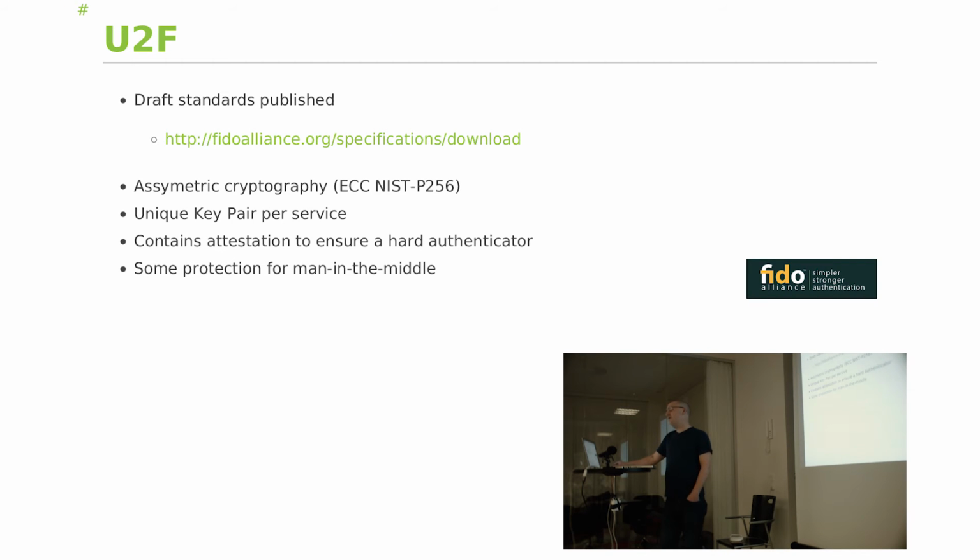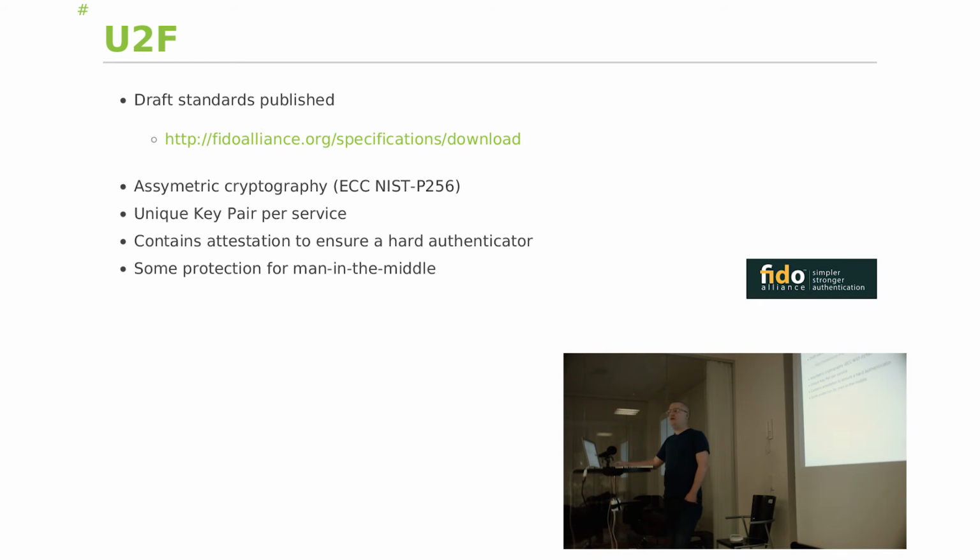The algorithm itself is built on asymmetric cryptography. It's nothing hash-based, it's not encryption with a symmetric key. It's elliptic curve crypto with the NIST P-256 curve. The big selling point of U2F is that it's a hardware token in the original form, but with per-service keys.